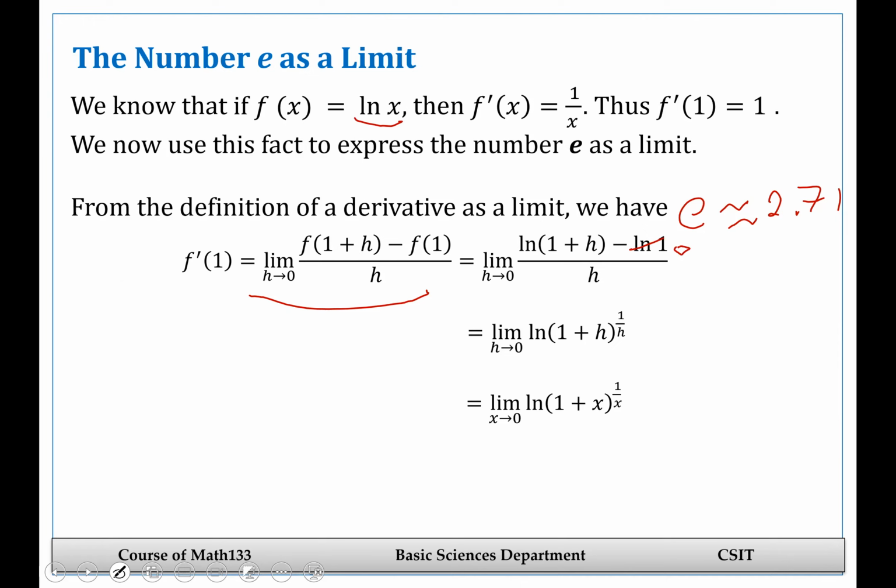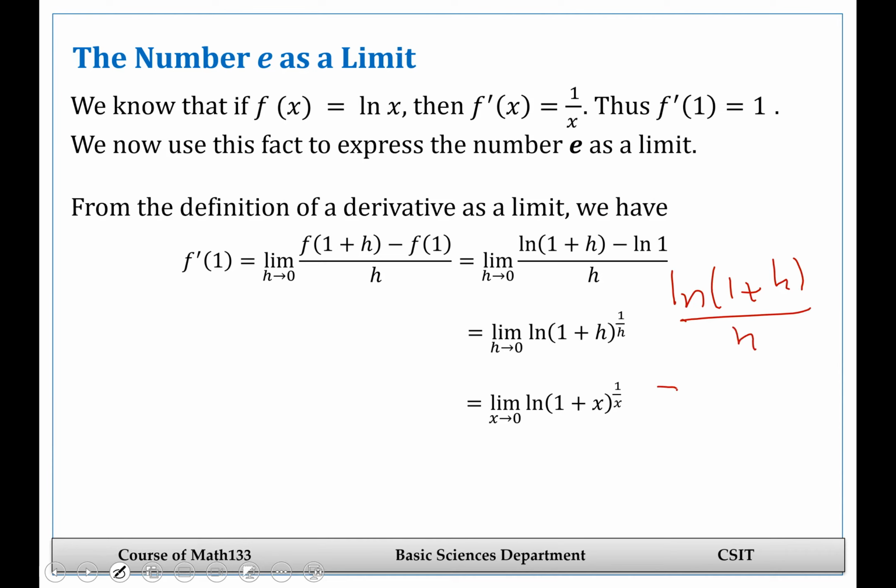So it will be like ln of 1 plus h over h when h approaches 0. In other words, we can write this. Look at this. So ln of 1 plus h over h is in fact equal to 1 over h times ln of 1 plus h.